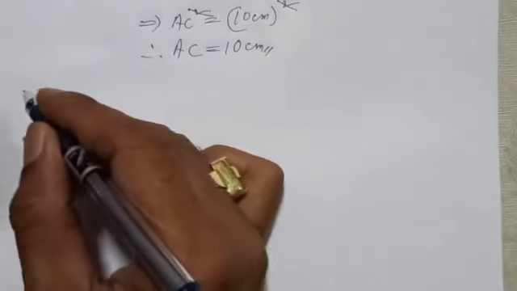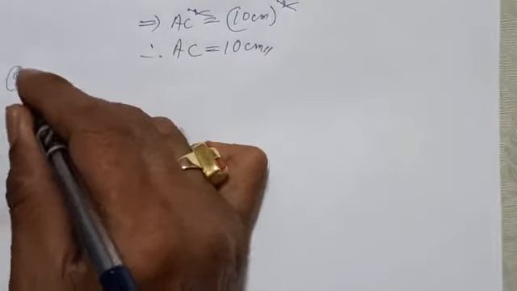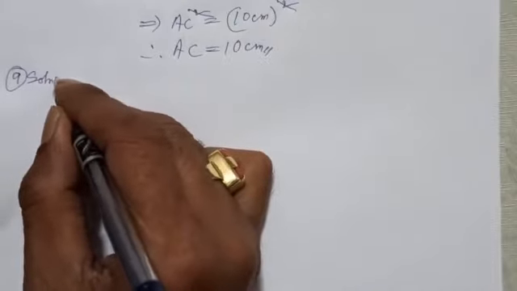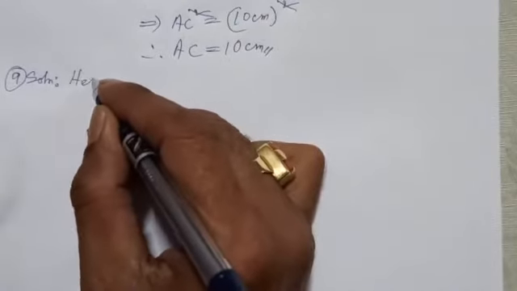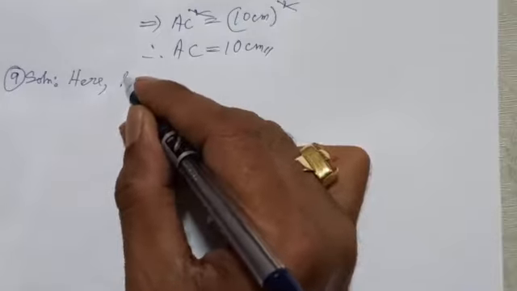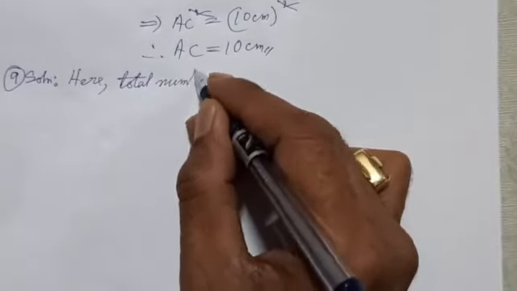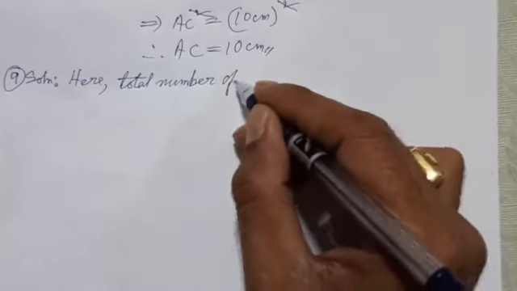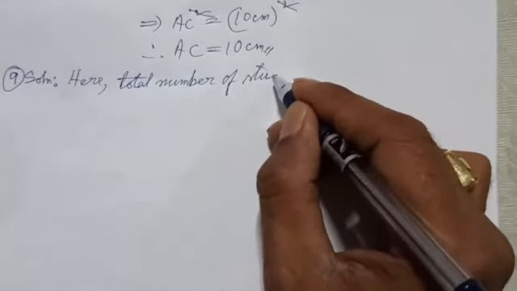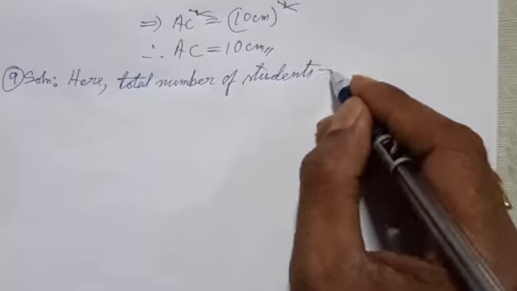Question number 9 solution. Here the total number of students is equal to 500, it is given.